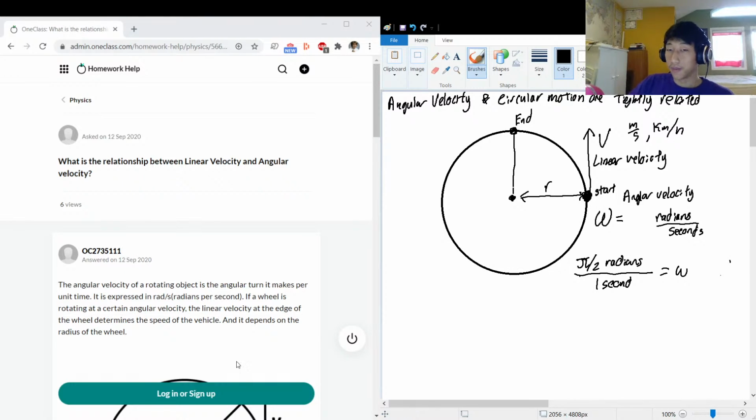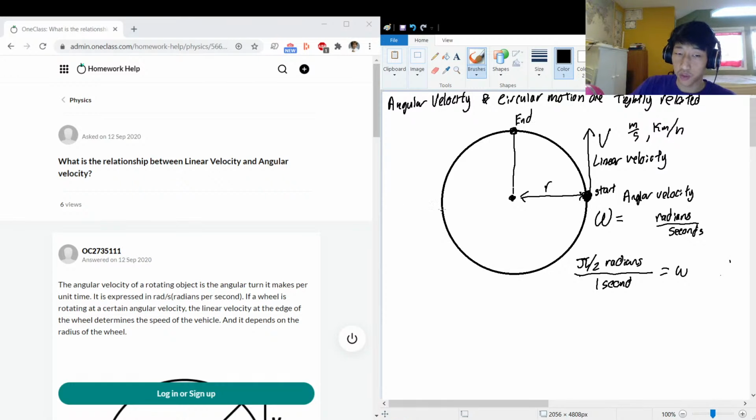Now, you can see there has to be some type of relationship between the angular velocity and the linear velocity, because we're representing the same system of a car driving around in a circle. What you see on your speedometer is going to be the linear velocity, but it would take someone who knows the exact angle that you're at to do the angular velocity stuff.